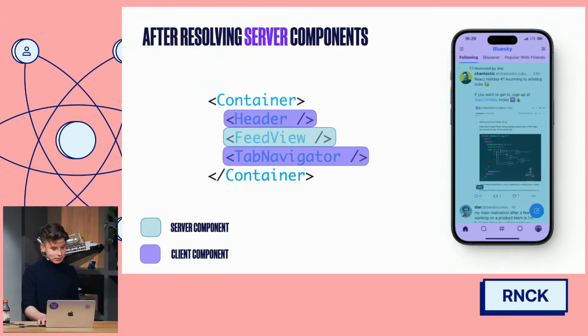But after resolving server components, when our request is back and our server component here, the feed view, is resolved, we can also play with it. By making this feed view component a server component, we are not streaming unnecessary data. We are streaming data, so we can play with our feed really fast. And we can make queries to the database directly from the React component.